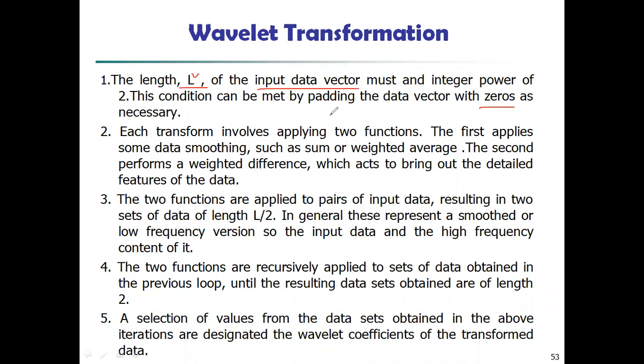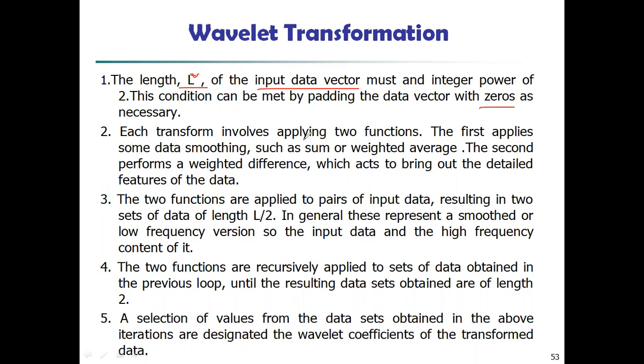So the original length is L. Whenever we apply this transformation method, the L value is doubled, and zeros are added to the input data, so automatically the length of the data increases. Clear?